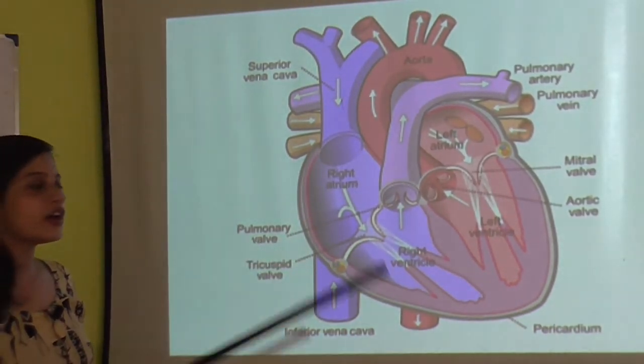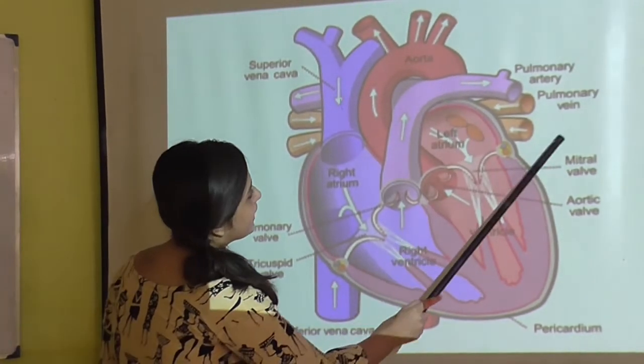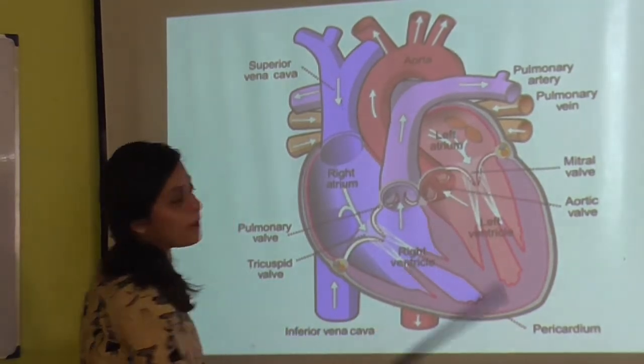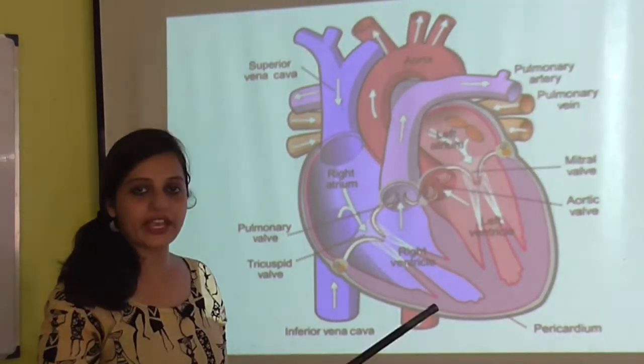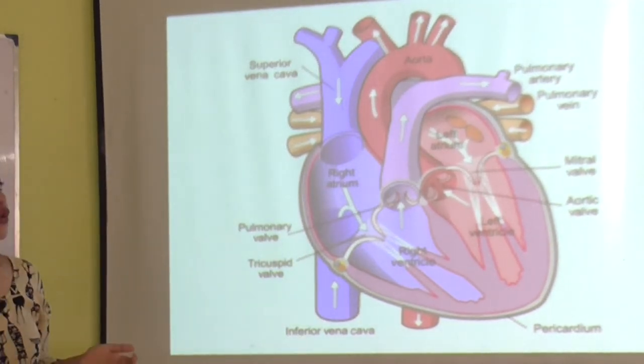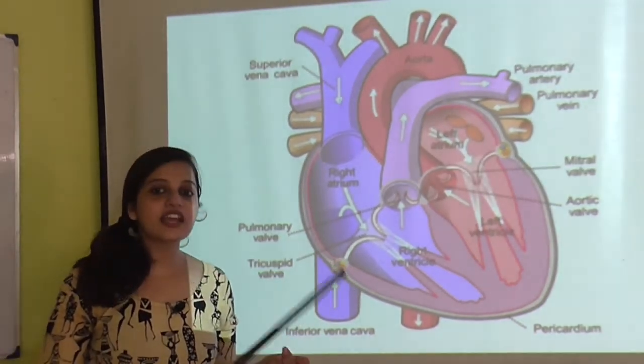Through where will it return? It will return through the pulmonary veins. Look, these two are the pulmonary veins. So the pulmonary vein is the only exceptional vein that carries oxygenated blood.